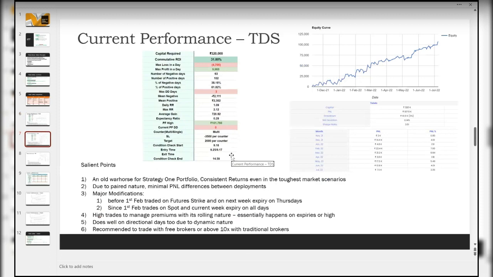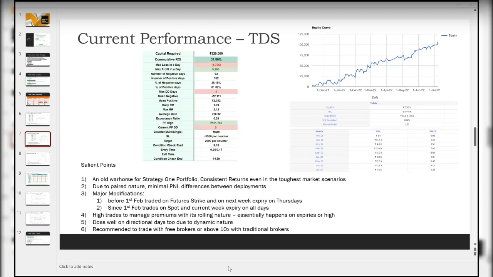TDS, it's actually one of our oldest strategies, which has not seen much of changes and has performed with all the market scenarios that we have seen. So TDS has given consistent return in all kinds of market scenarios, be it high VIX, low VIX, rising VIX, declining VIX.